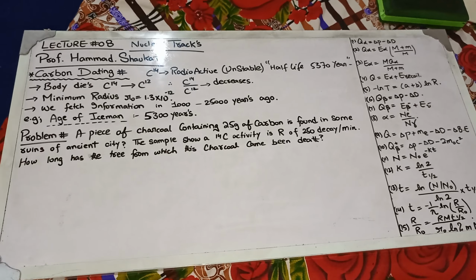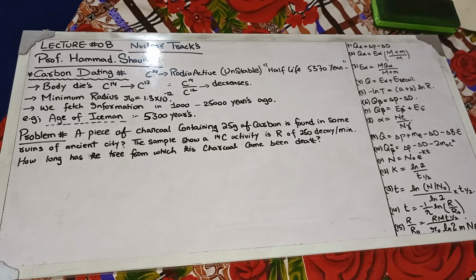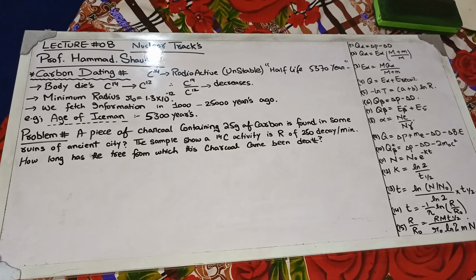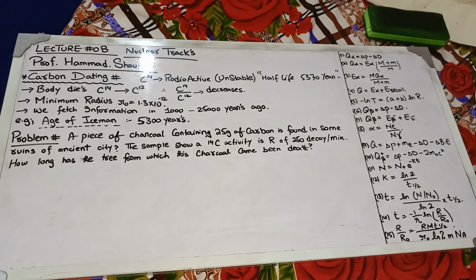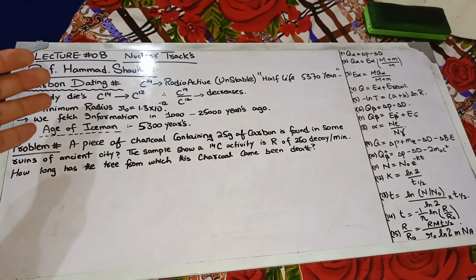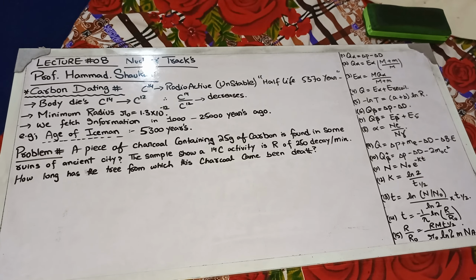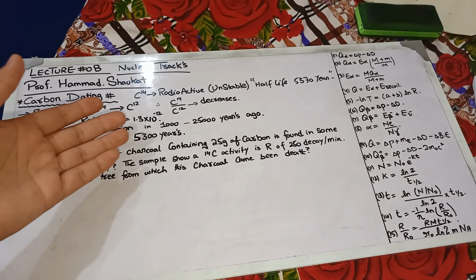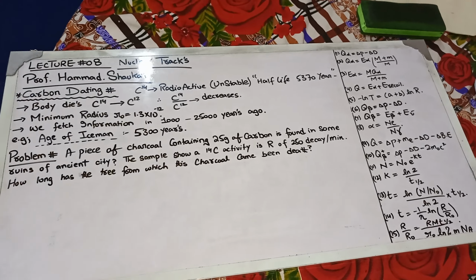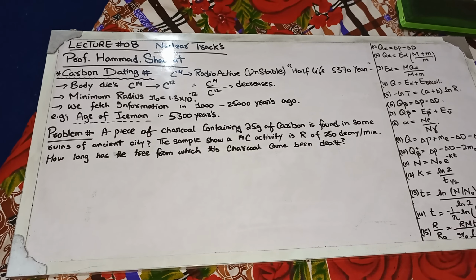So this concept of carbon dating is very crucial to find the age of a specimen from nearly thousands up to 25,000 years ago. Our practical example is the age of the Iceman, whose age is calculated as 5,300 years.